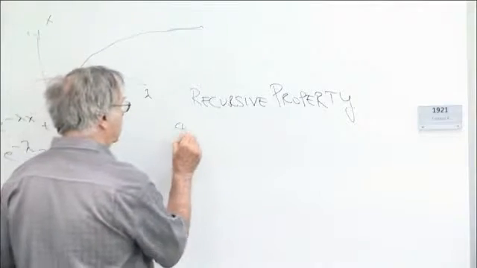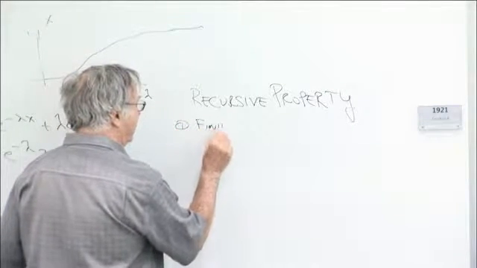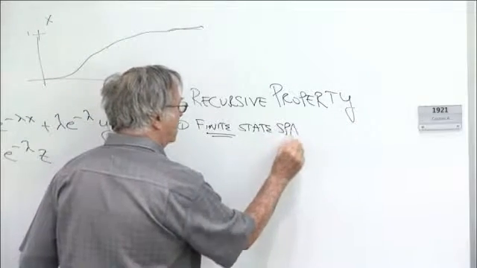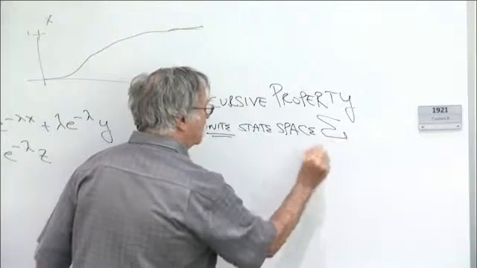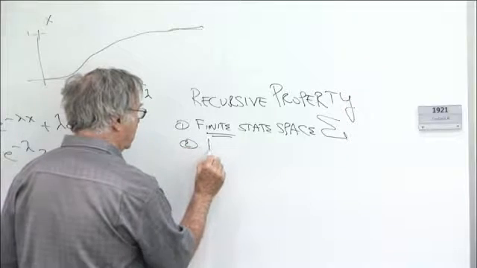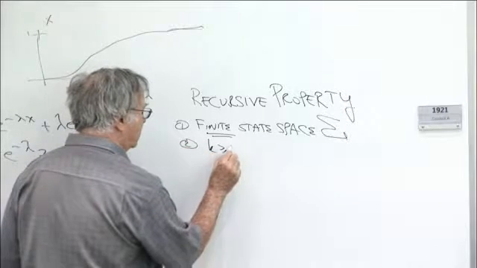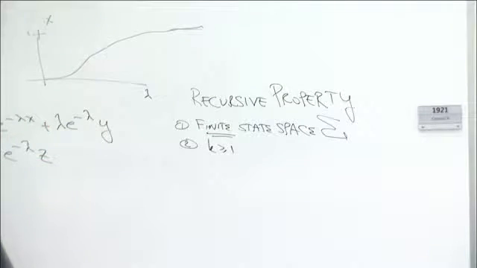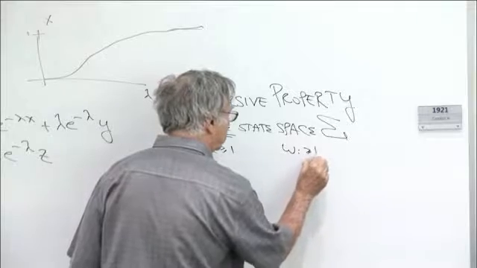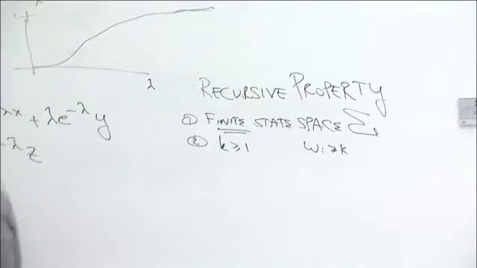First of all, there is a finite state space sigma. And secondly, I want a fixed integer k greater than or equal to 1, and when I count things, I'm going to stop my counting at k. Everything that's k or more is counted the same.